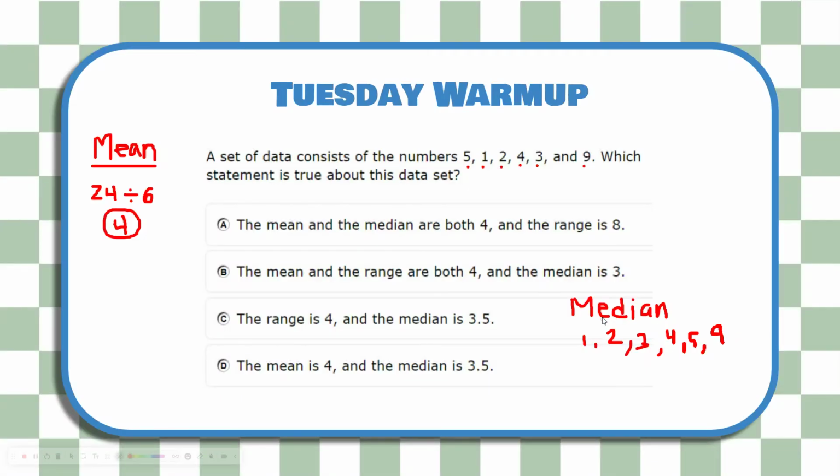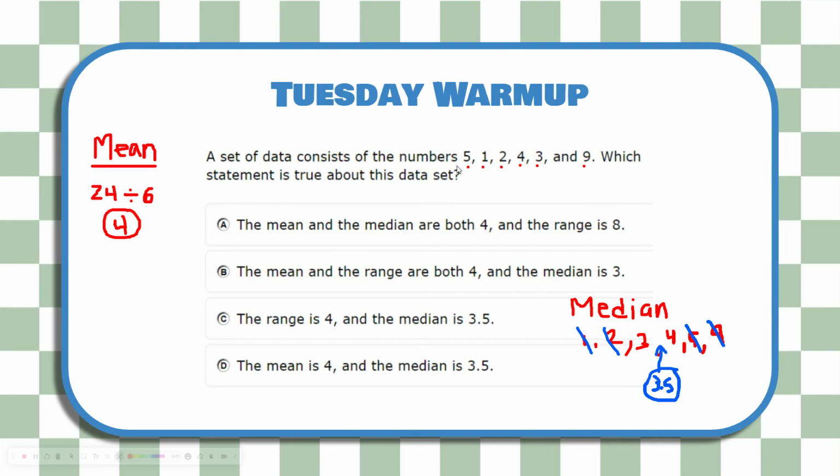Alright, let's see. If we start crossing off numbers on the ends, let me change the color here. If we go lowest, highest, second lowest, second highest, then we're stuck with a 3 and a 4. So mental math that. Halfway would be 3.5. That's our median.